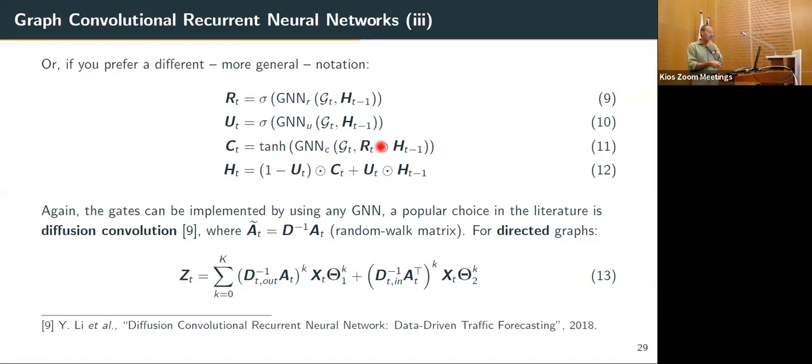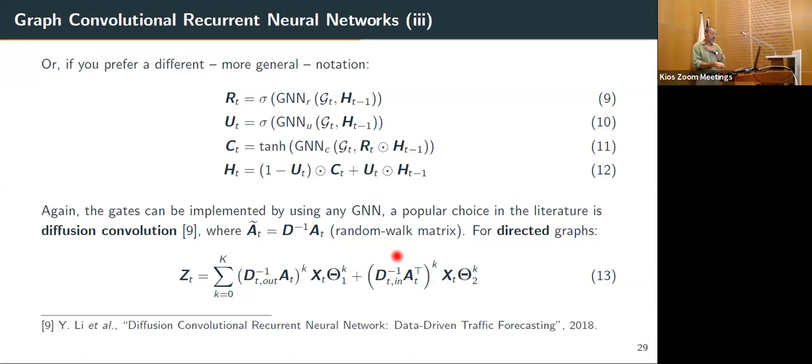What I want to show you, apart from this formulation, is that you have all the parameters that you need to learn. And again, you learn the GNNs, the sigmas, whatever is in there, end to end. You put the architecture, you have time series, predicted value, you want to minimize the forecasting error.